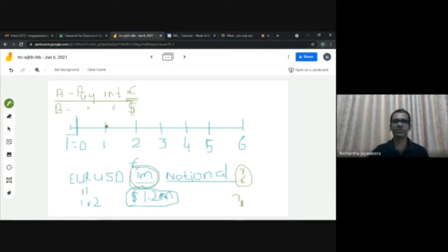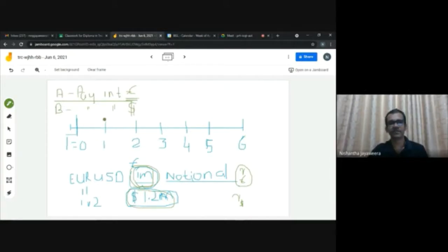On which principal amount do they calculate the interest? On these two notional amounts. Interest on euro will be calculated on 1 million euros. On dollar it would be on $1.2 million. Assume this is a 3-year period and they agree to pay interest on a semi-annual basis. So there will be 6 cash flows.